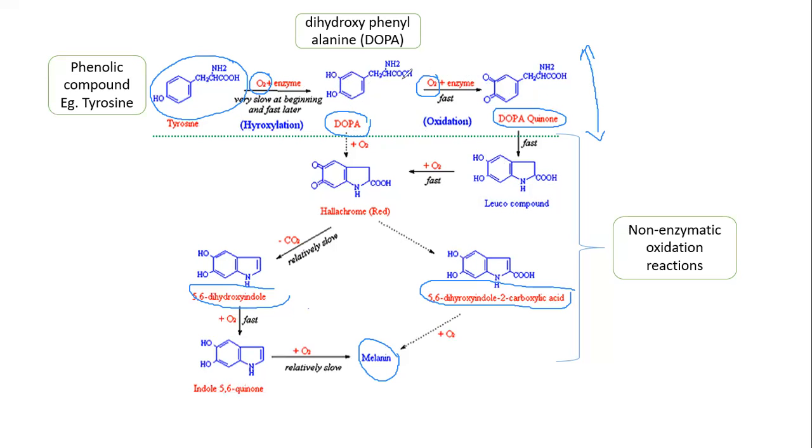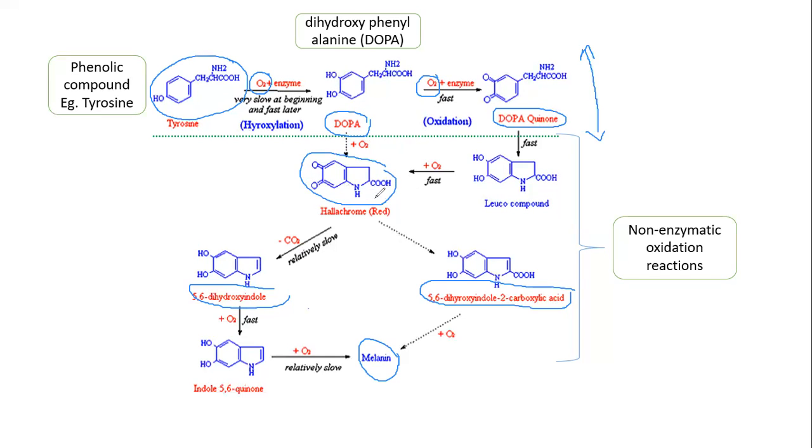You see in both reactions oxygen is a co-substrate, and dopaquinone is produced. DOPA is converted to dopachrome, and then dopaquinone also is converted to dopachrome.